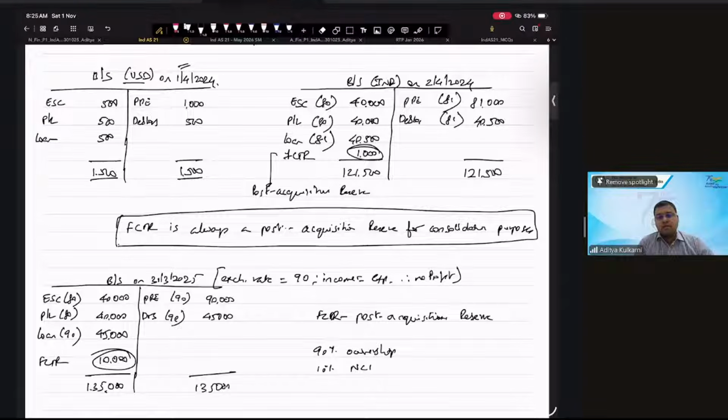It should belong to both. So FCTR again will belong to both parent as well as NCI. Are you able to follow?